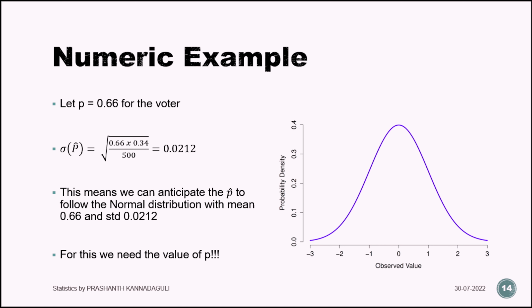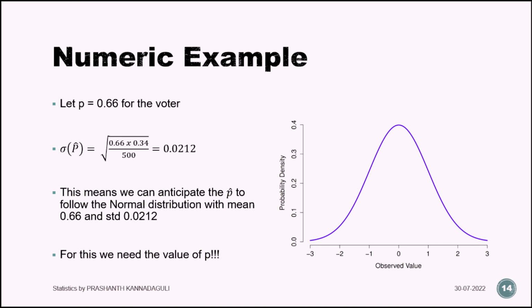How do I come to know this? Actually, I will come to know this only after the declaration of the results. But let's assume I know that P is equal to 0.66, which is the actual value. I don't know this yet, but let's say the vote share of the total constituency is 0.66.